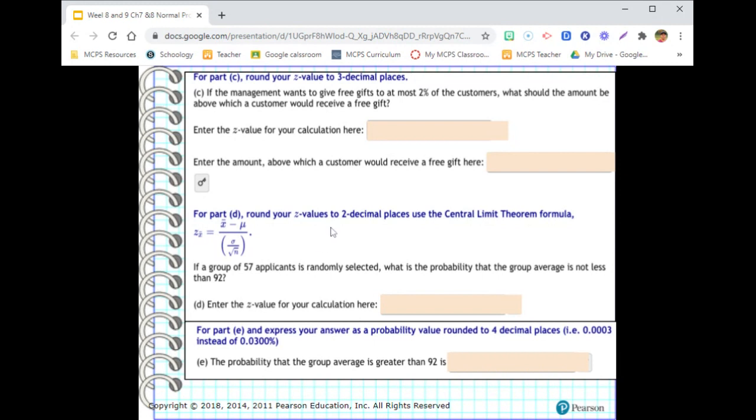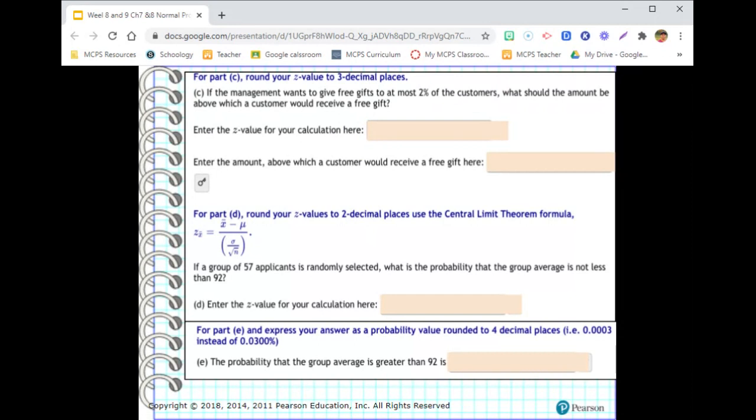We are going to use the inverse norm, remember? After you subtract 0.02 from 1, you end up having 0.98. So that's going to be the area.